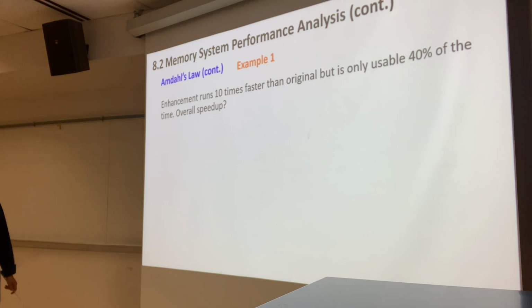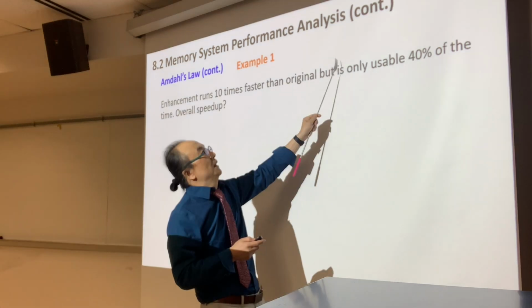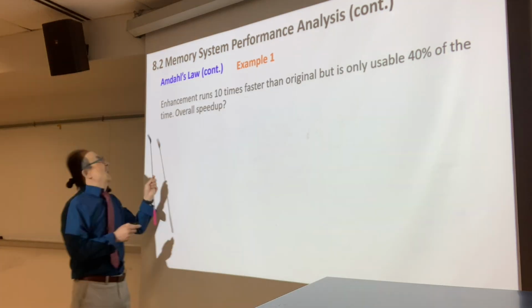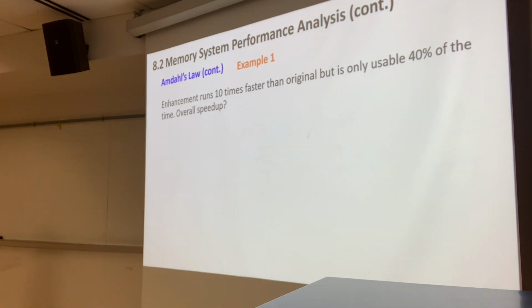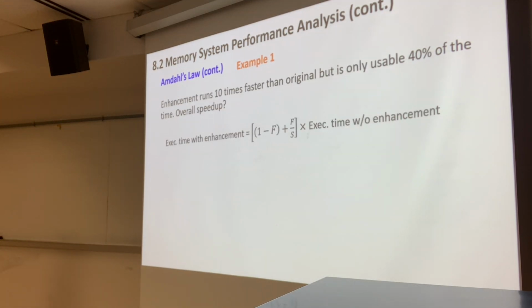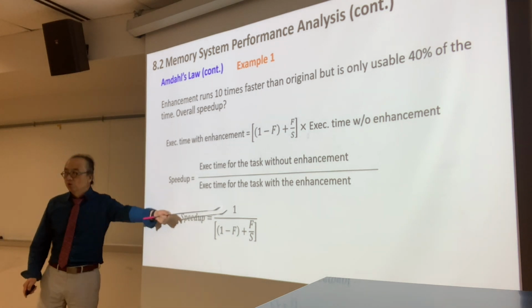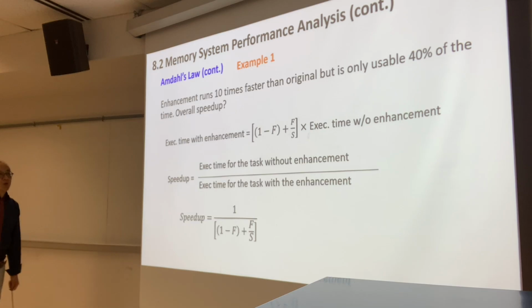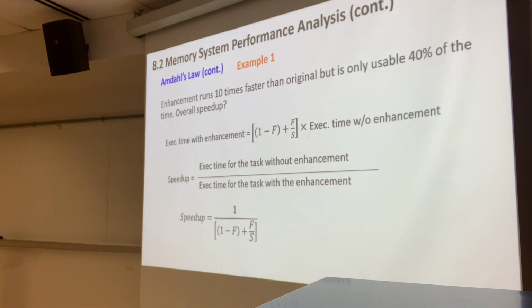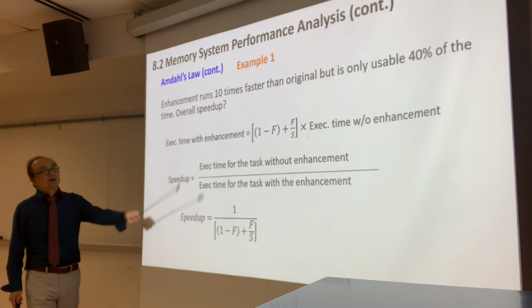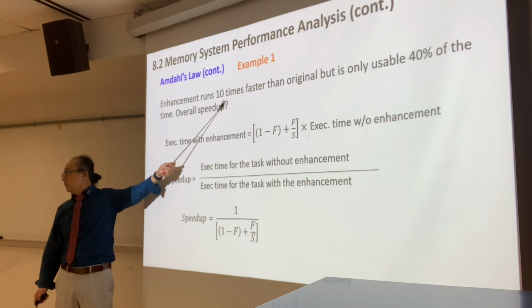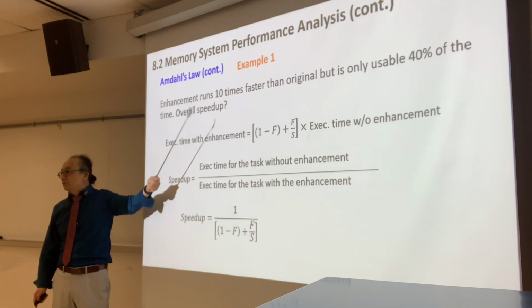The enhancement runs 10 times faster than the original, but it is only used 40% of the time. What is the overall speed up? Based on this formula, speed up equals 1 over (1 minus F plus F over S). What is F in this case? 0.4, 40% as a fraction.